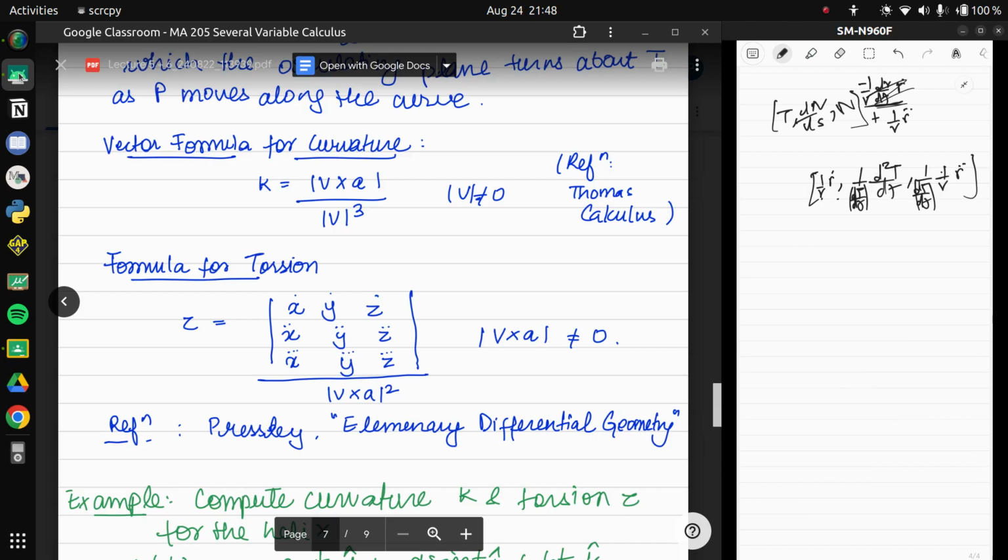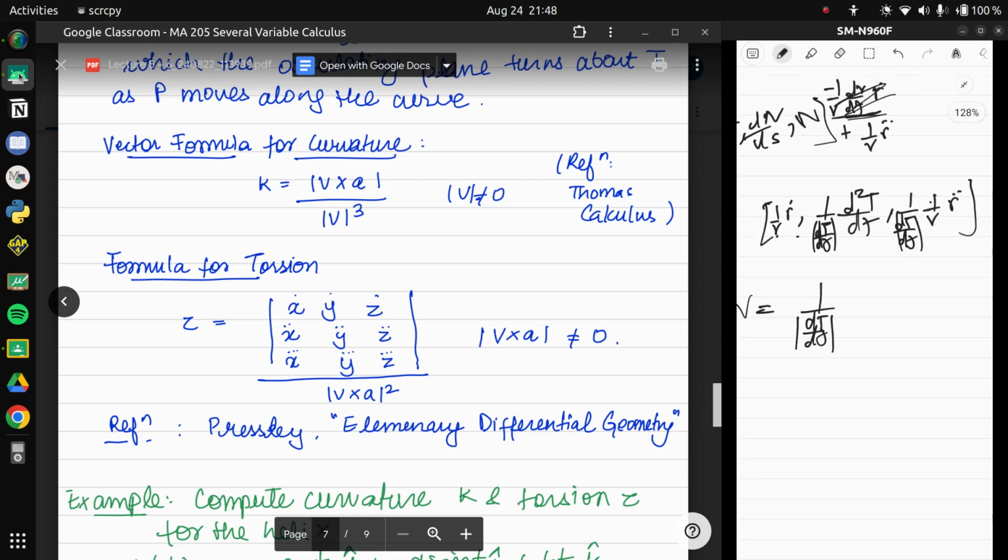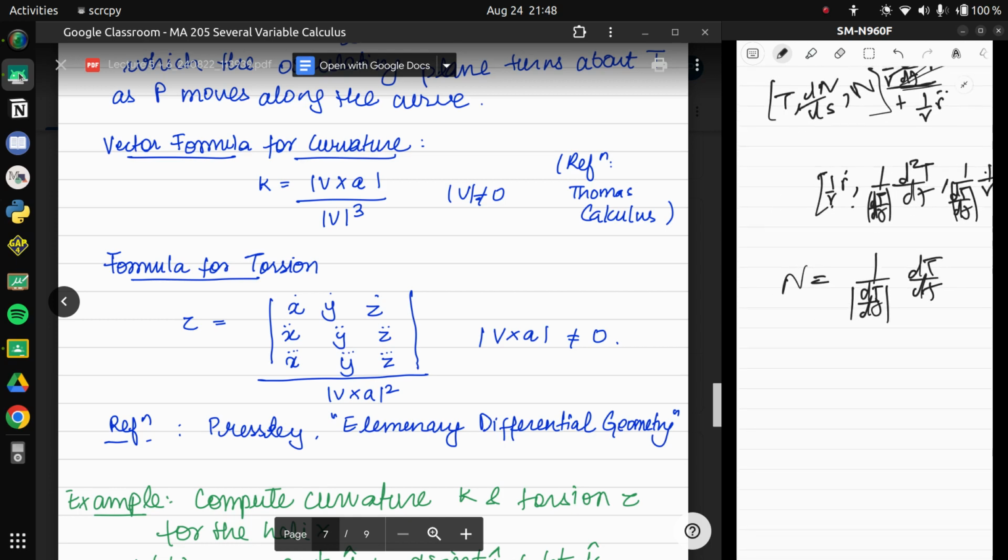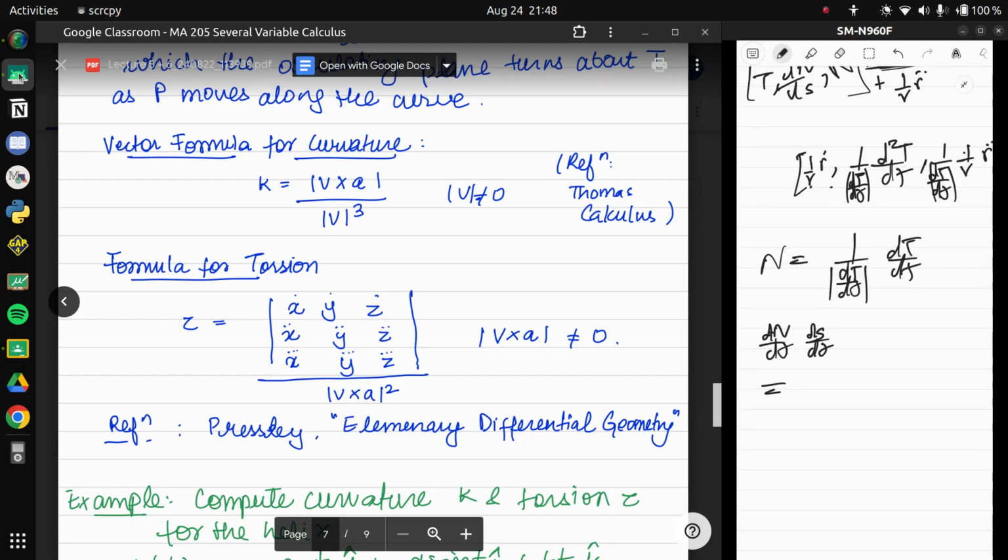So the way we defined it, your n was this thing, 1 upon magnitude of dt by dt, and then dt by dt itself, right? So your dn by ds, which would be something like this stuff, well, we take the derivative of this thing, so just negative 1 upon squared.